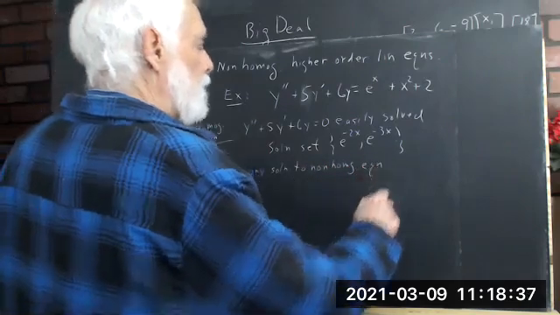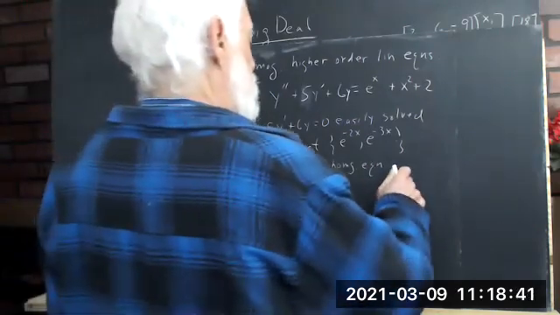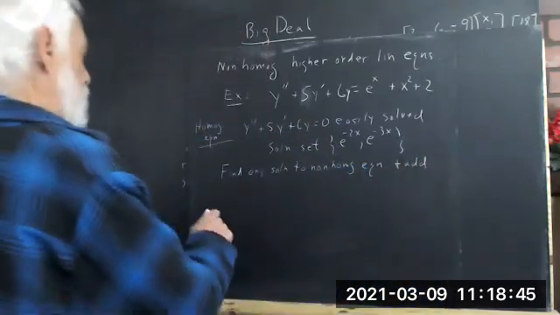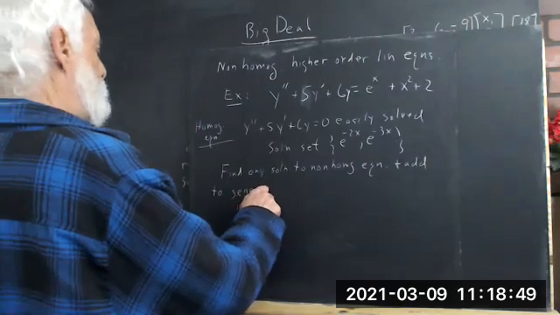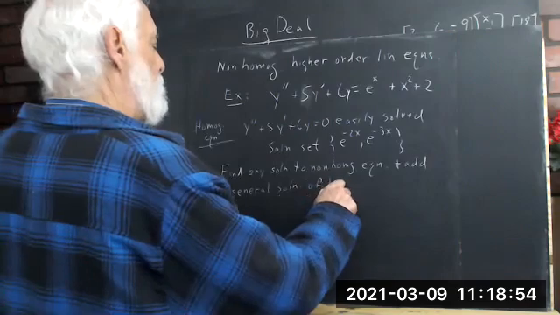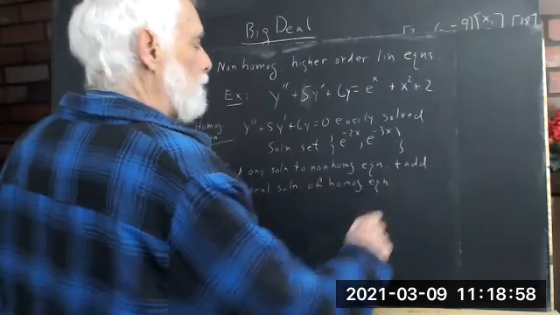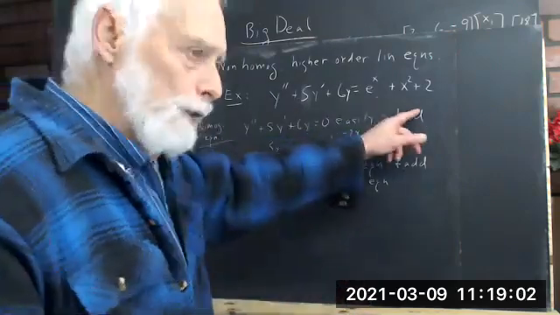Take any solution to the non-homogeneous equation and add to the general solution of the homogeneous equation, and that's going to be a general solution to this equation.